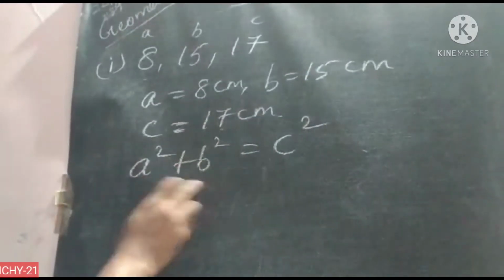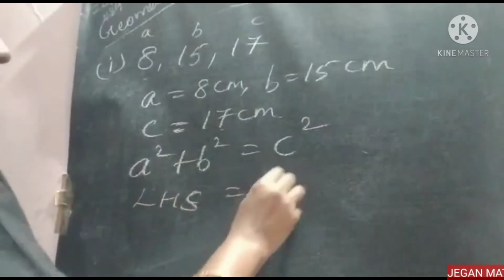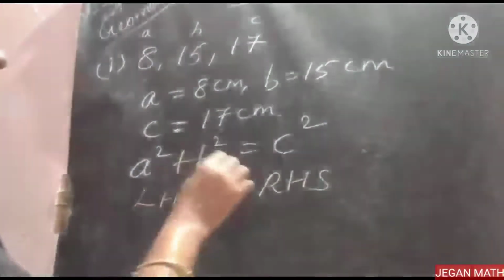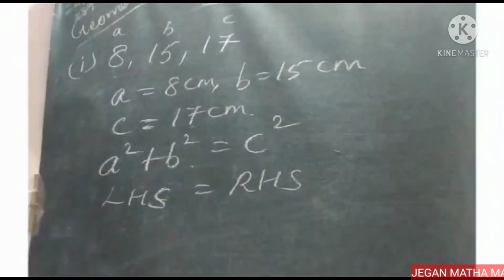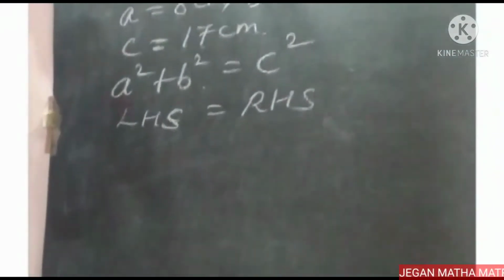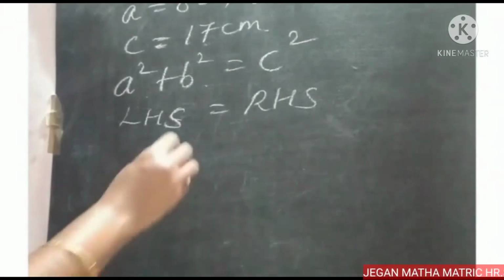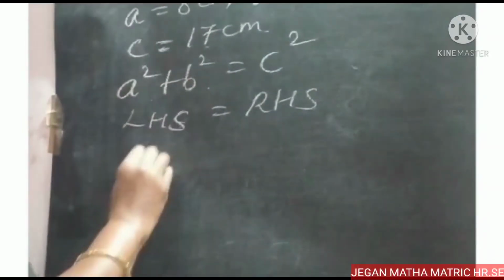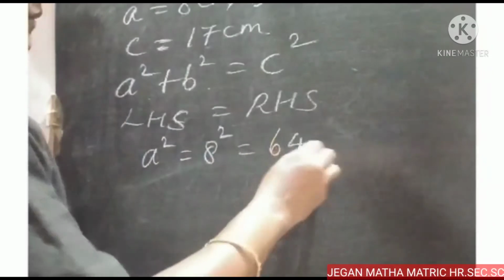Now let us see the left hand side, LHS equal to RHS. Now you have to check it: A square plus B square equal to C square. Now let us check whether the given measurements are the sides of a triangle or not. Now A square equal to 8 square, that is 64.